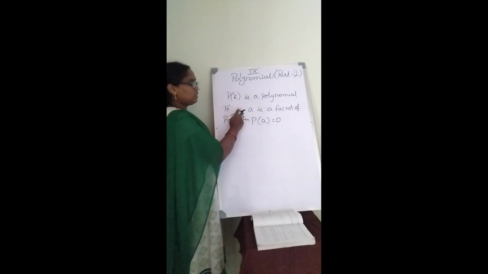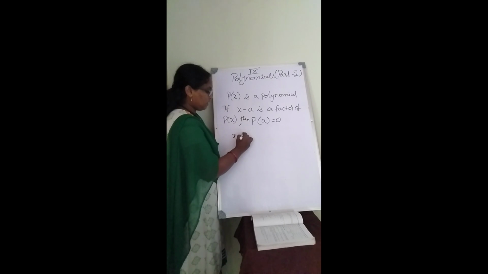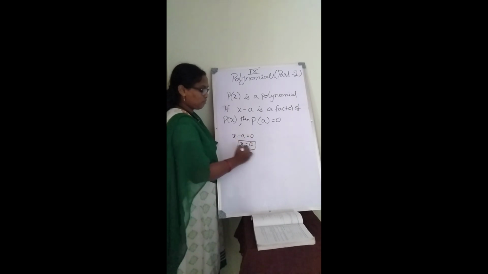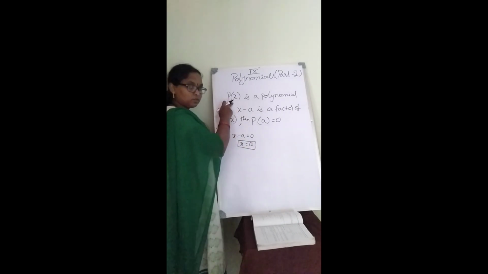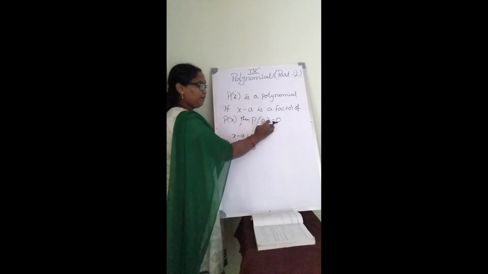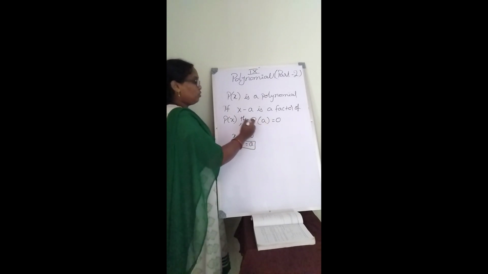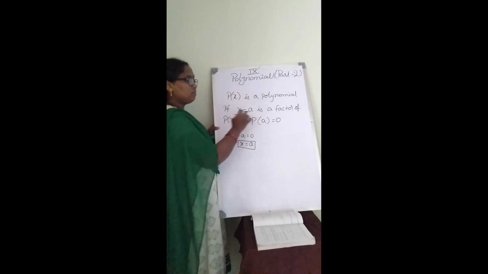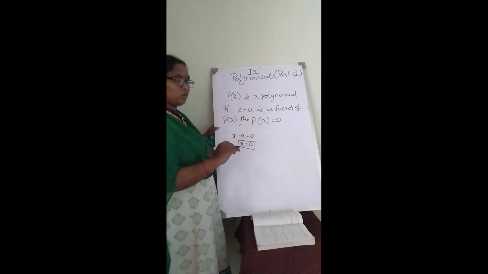If x minus a is a factor, then if I equate x minus a to 0, x equals a. So in the place of x, if I substitute a in this polynomial P of x, the value will be 0. So x minus a is called a factor.